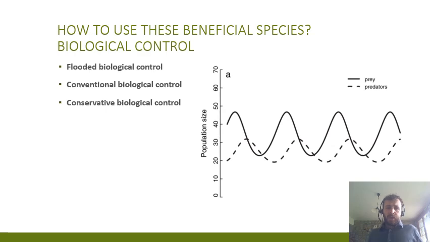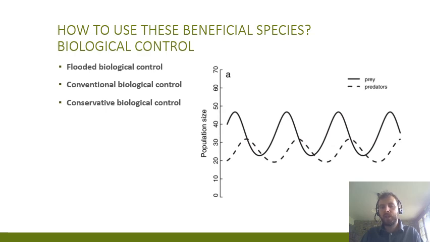So now, how can we use these beneficial species to control our pests in the system? First of all, we need to think about the Lotka-Volterra law. I think you probably heard of it in ecology. It is the principle: if you have two species, one is a predator of the other, then you will always have a stability. So when the prey population goes up, there are more to eat for the predators, so they will also grow.